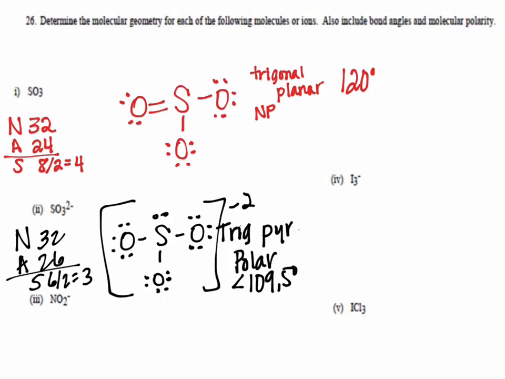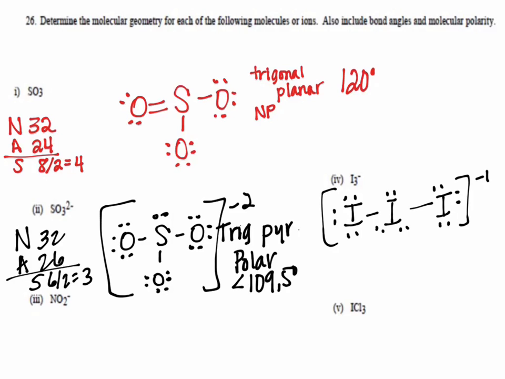Everybody good? I'm going to draw one more. I'm going to draw the I3 negative. We already did that yesterday, so I'm just going to redraw what it looked like yesterday, so we can give it its shape and polarity. So something like that. What's its shape, or what's the geometry on it?